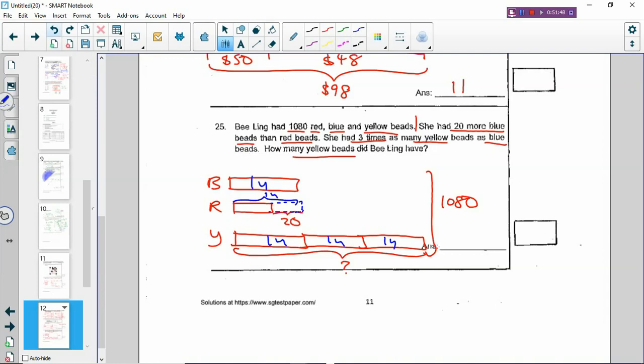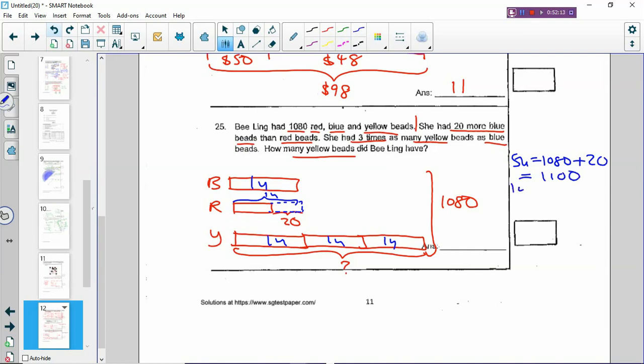And then you will see that there are now 5 units already, right? But is the total still 1080? Cannot be, because you have now stretched the red rectangle by 20. So the total now becomes how many? You take 1080 and plus 20, you will get 1100, which is now 5 units.